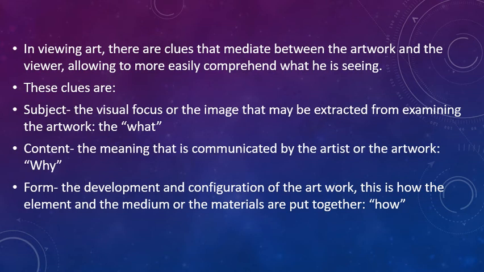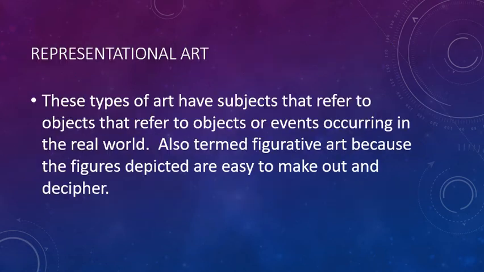The content is what is beyond the art, or the symbolism, the significance, or emotions he or she is trying to portray. And the subject, what is the subject of the art piece? Is it about country life? Is it about still life, a myth, Greek, or Roman history? So these are the three clues that we need to understand: the subject, content, and the form.